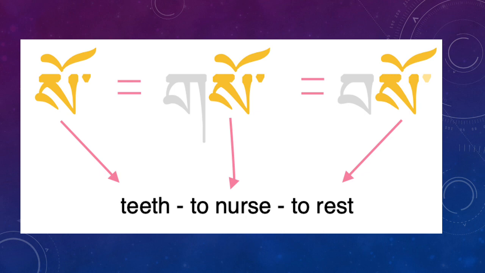So the context can be the context within a sentence, how the sentence is constructed, or the meaning is extremely important sometimes to be able to tell what the whole sentence or the word means, what word was used, especially when you have spoken Tibetan.